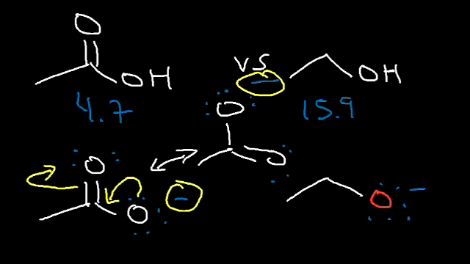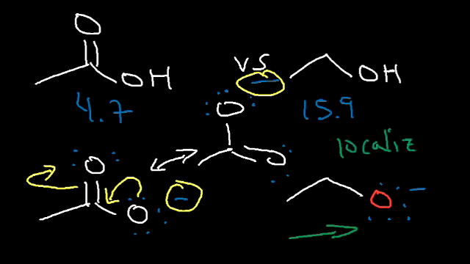So whenever you can spread a negative charge over a larger area, you have a more stable situation. So the fact that two oxygen atoms bear a negative charge means that it's more stable, as opposed to one oxygen atom bearing the negative charge. Here, the electrons on this oxygen atom are localized.